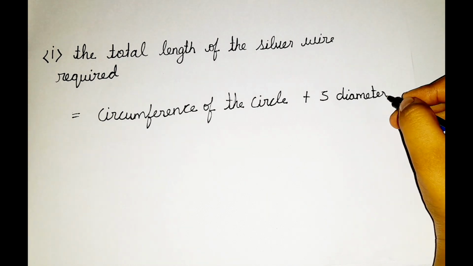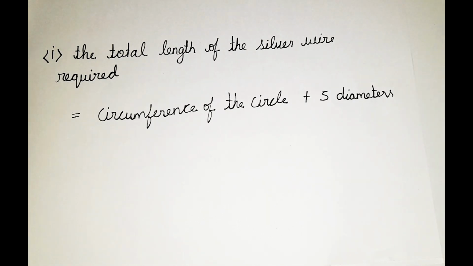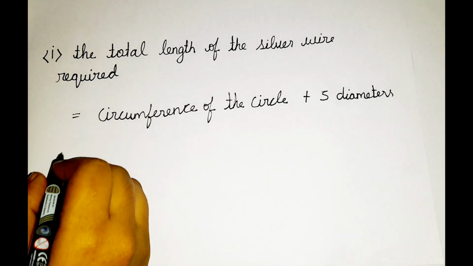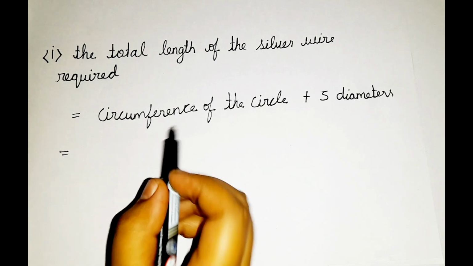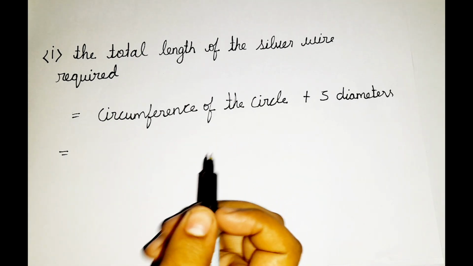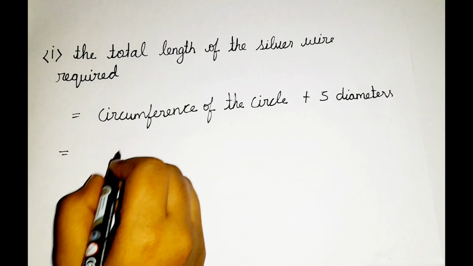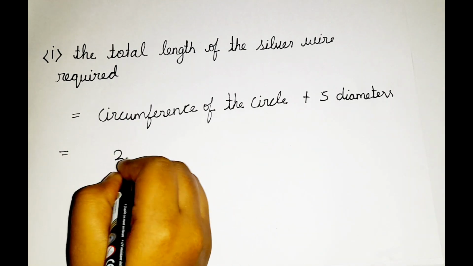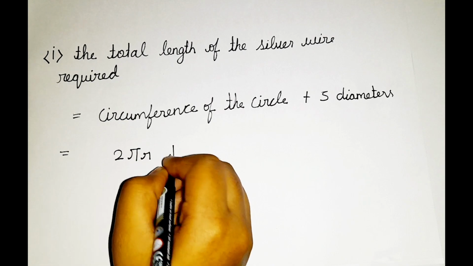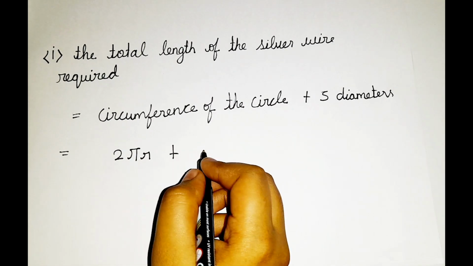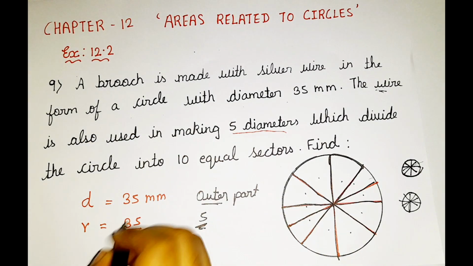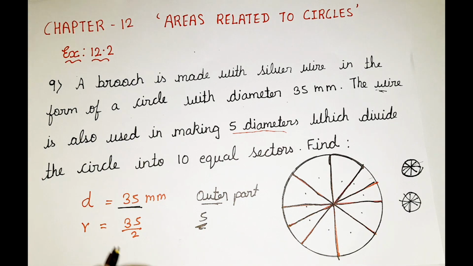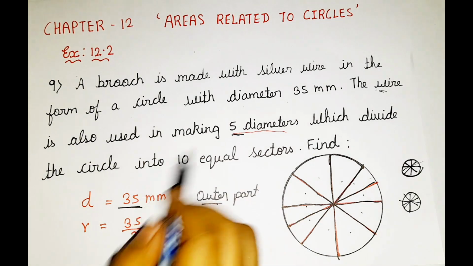Now, since we know that silver wire is used in the circumference of the circle as well as the diameters, let us apply the formula. The circumference of the circle is 2 pi r, and then plus 5 diameters. According to the question, one diameter is 35 millimeter, and we have 5 diameters. Am I right?